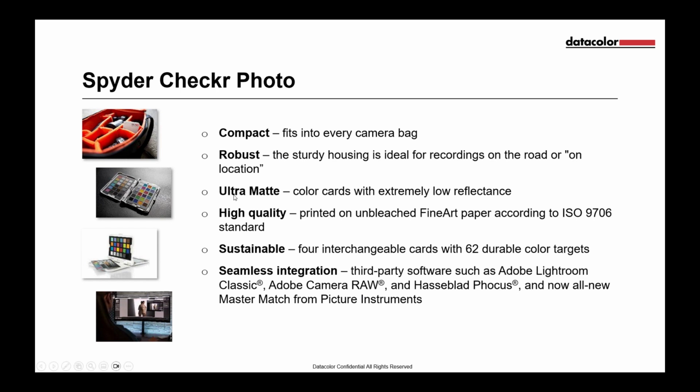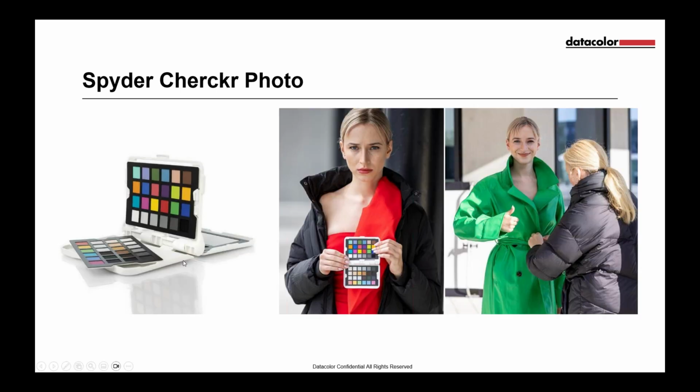Also important, therefore we have the skin tones in here, neutral skin tones. This is very important because our human eyes are very well trained to see if skin tones are correct or incorrect.